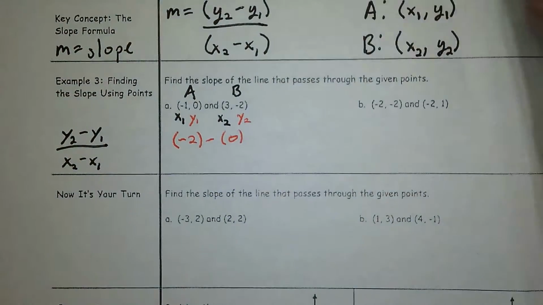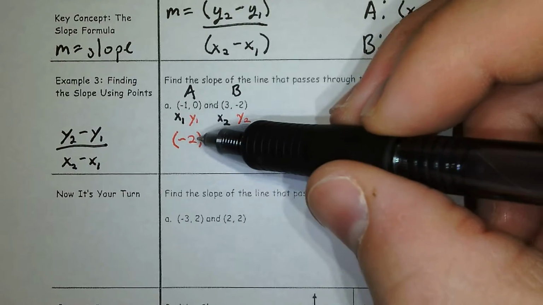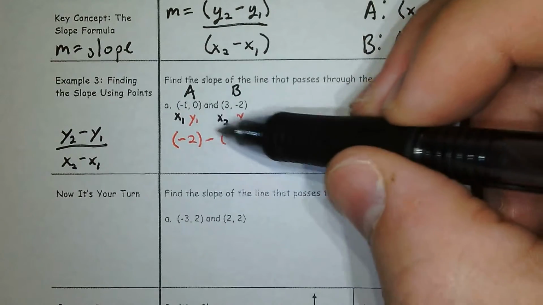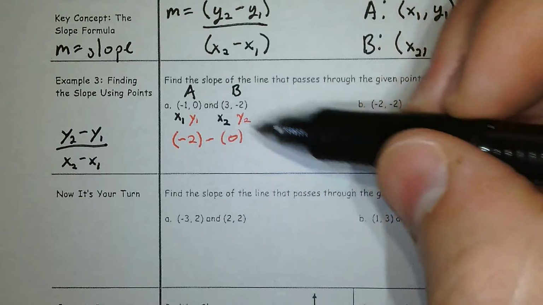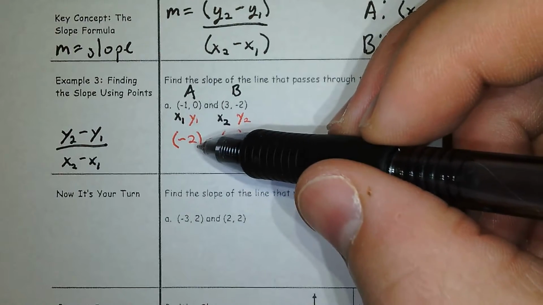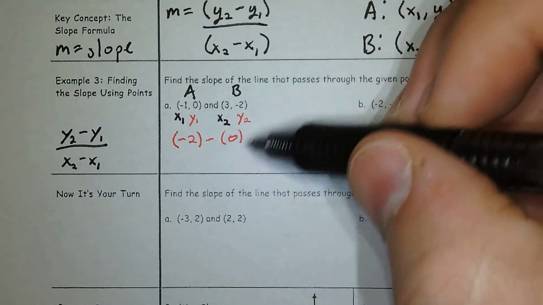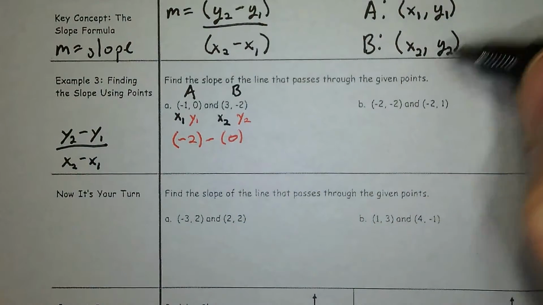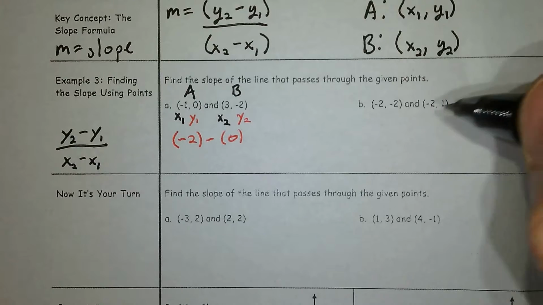And I put them in parentheses, because that's just y2 minus y1. The subtraction sign stays in the middle, so there's no confusion with the signs. Always put them in parentheses, so that when you plug into a calculator, it won't get confused with the syntax.